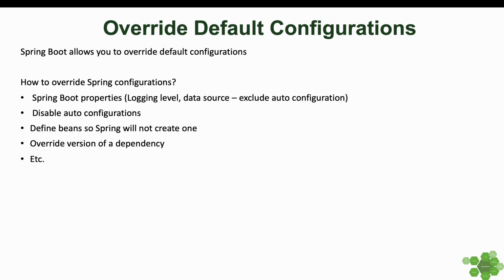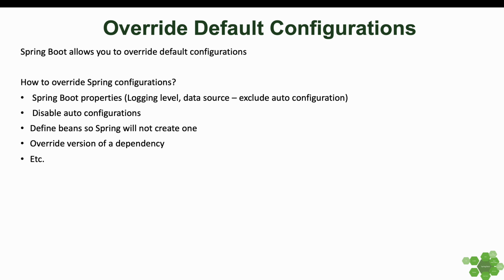How do you override Spring configurations? You can override Spring configurations using Spring Boot property files. Like, you can specify your log level of your application in the property file. Like, you can specify the URL of your application in the property file.